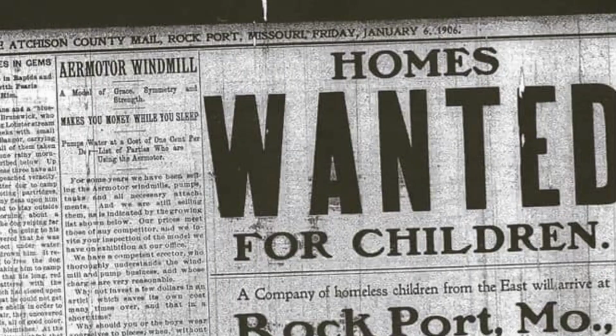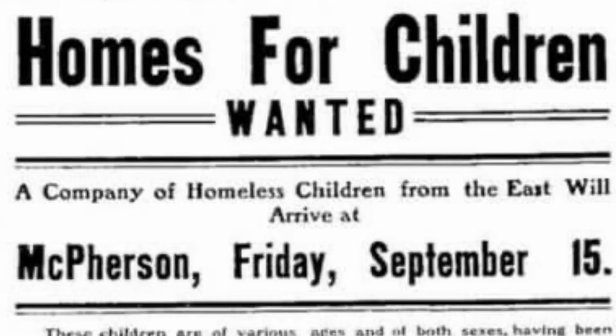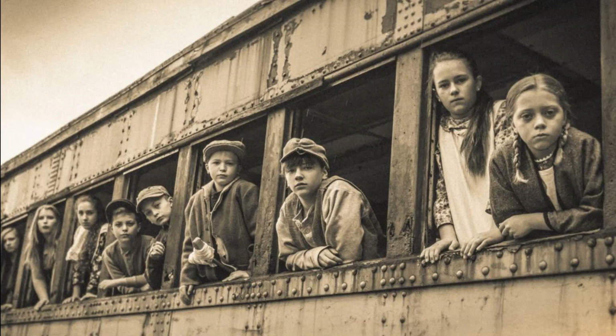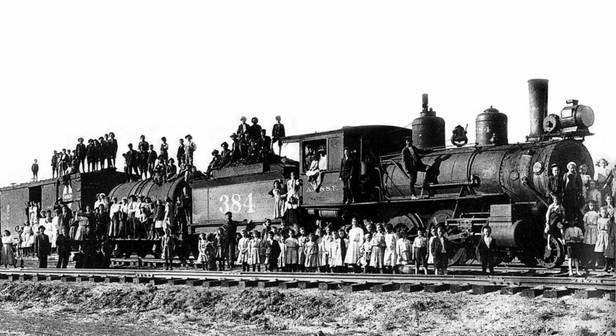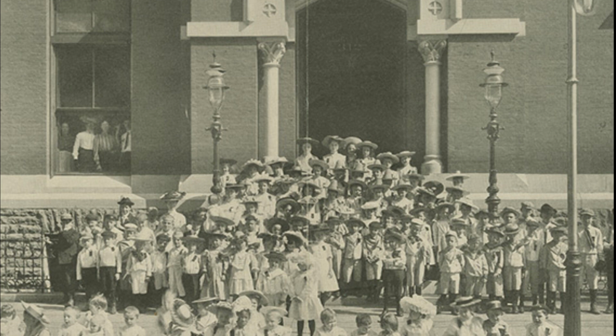Why were there hundreds of thousands of parentless children in the 19th century? Where did they come from? They were relocated all over the world. Europe, America, Russia, Australia, Canada. Why? Especially when most still had a living parent.